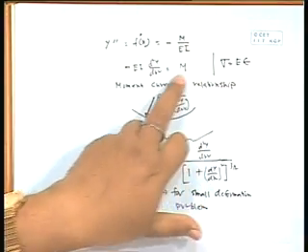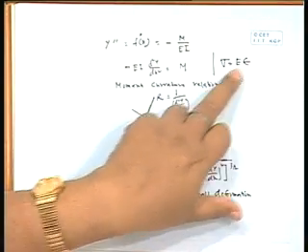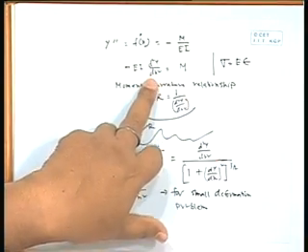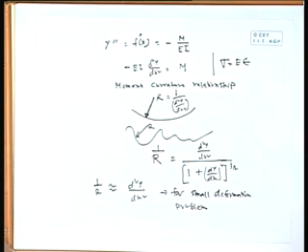Now, sigma you can compare with M, strain you can compare with the curvature, and E you can compare with EI. So it is something similar, or analogous, to the stress strain relationship. It is not stress, it is moment.